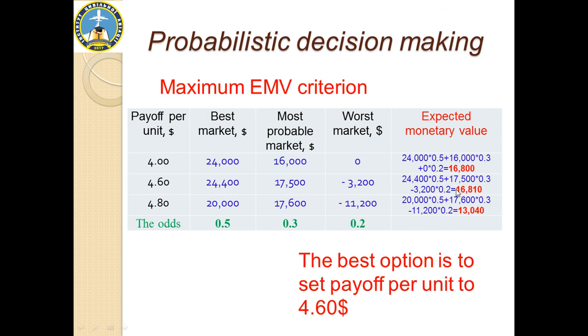So, obviously, the best option is to set payoff per unit to 4.6, because it gives us the maximum expected monetary value. So this is how we analyze the payoff matrix, given that we know the probabilities of different states of nature.